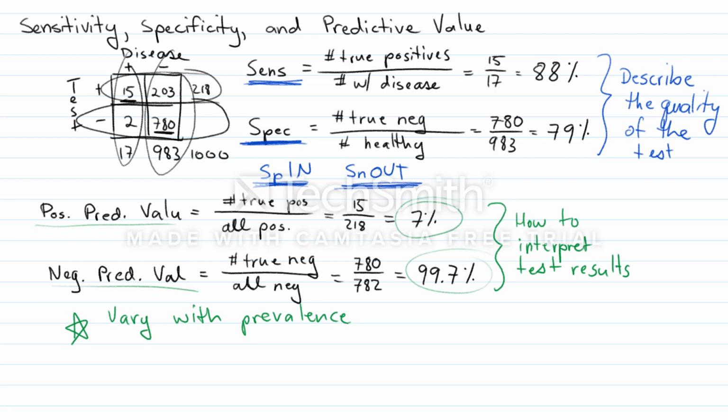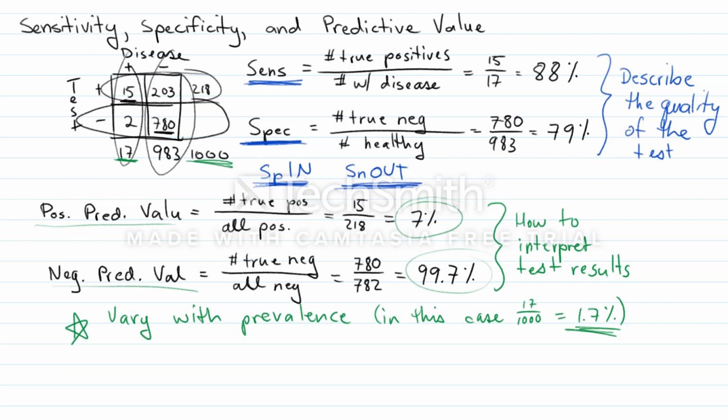So in this case, prevalence is 17 out of 1,000, or that would be 1.7%. So basically that means this is a rare disease. And it kind of makes sense that you would get a low positive predictive value.